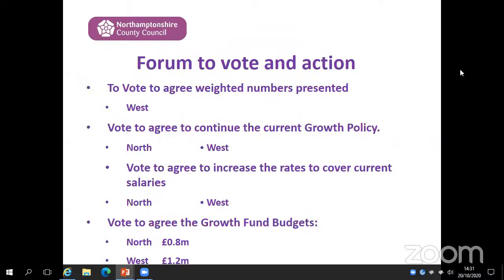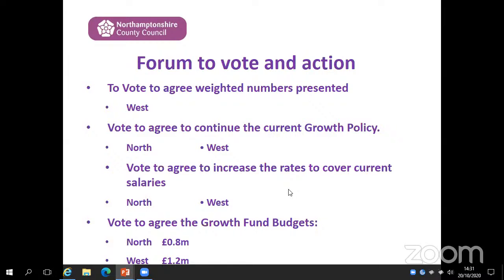Yeah, so today we are asking Forum to vote on the agreed weighted numbers that have been presented, the new year groups and the new school that we covered earlier in the presentation.